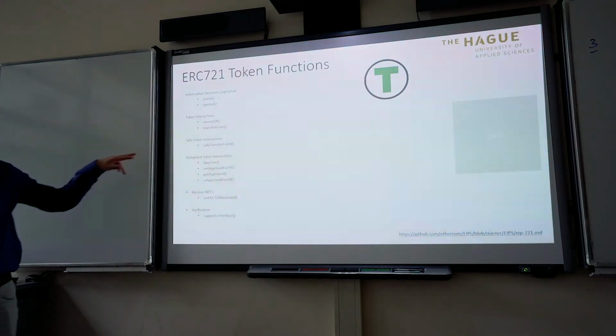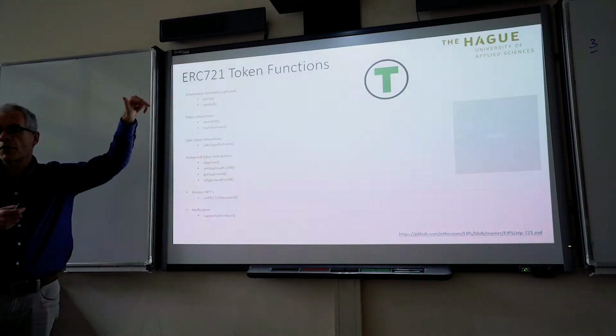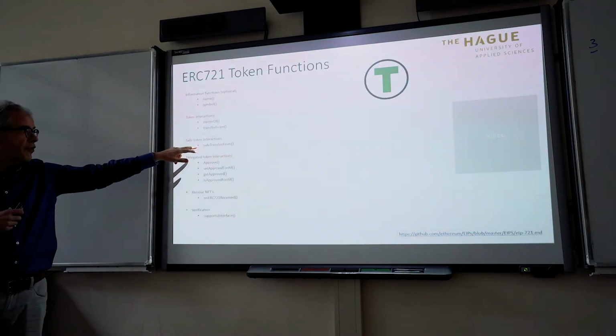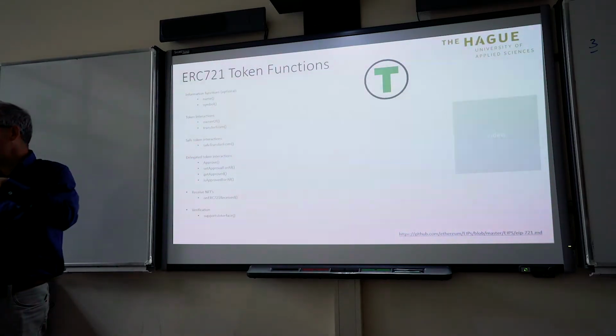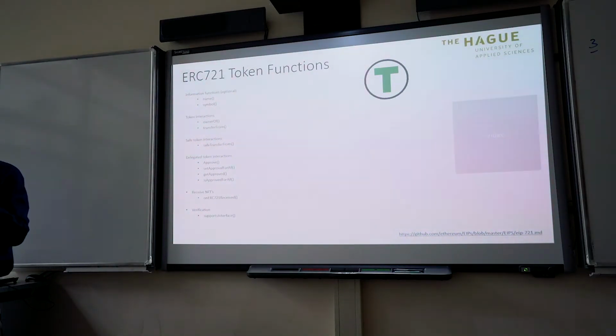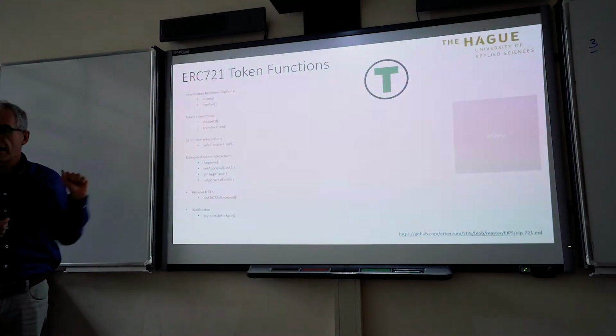Now there's also the normal transfer from to transfer the token. And you have a safe version where the receiving contract can say that it is able to receive the tokens, just like the same as with the 777 contract. You have the delegation functions if you want to delegate.